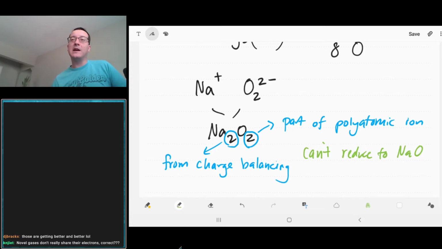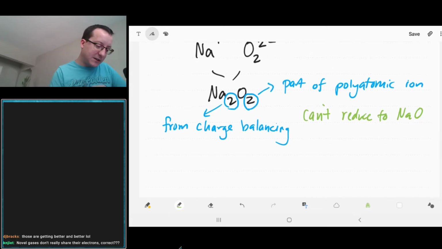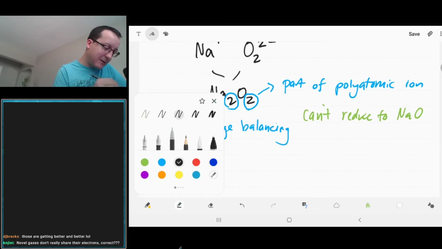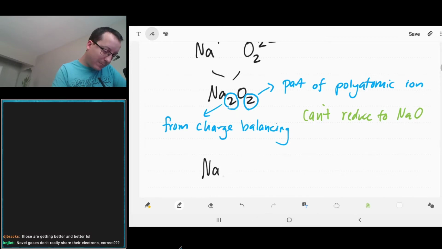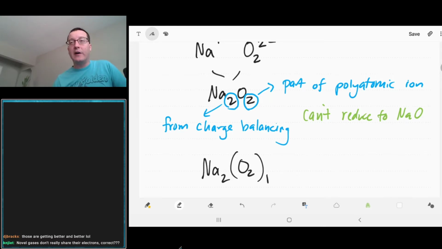It's important that we consider which subscripts are part of polyatomic ions and which ones are from charge balancing. If we were to look at this just to make sure things are super clear, like if I wanted to be super obvious, which again we would not do, we are not going to put parentheses on this guy.